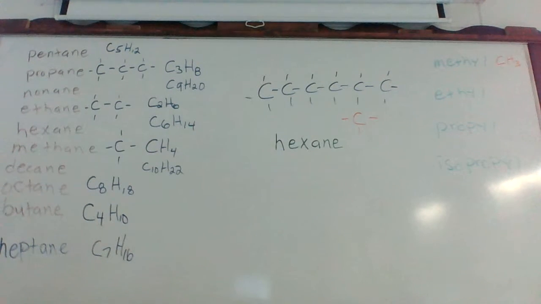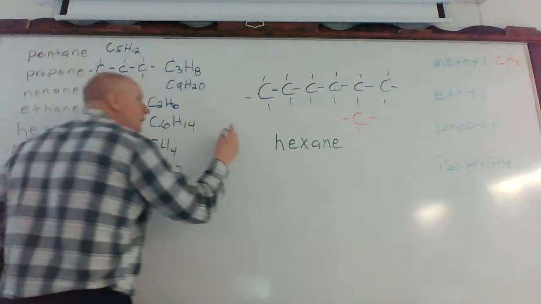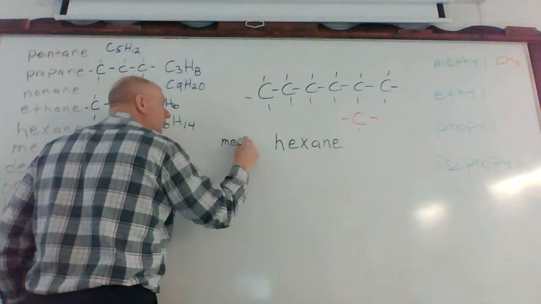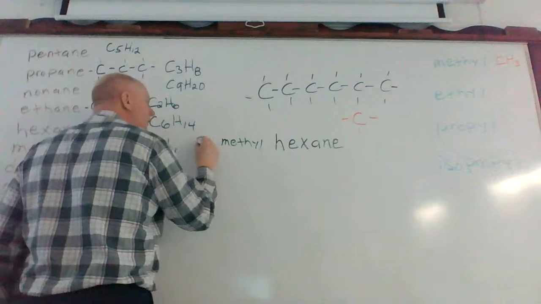So we had said pick a number, 2 through 5. We said 2. Then we said left or right. Then you said right. So with that, we've got a methyl group off of the second carbon.